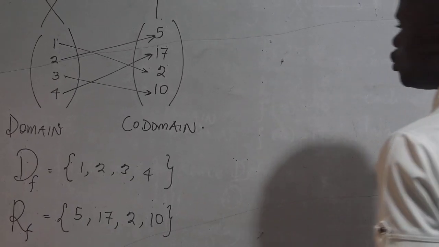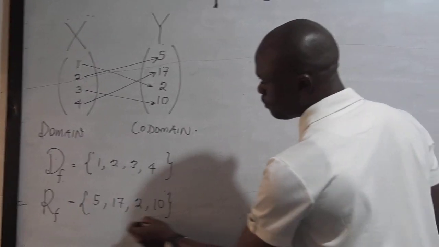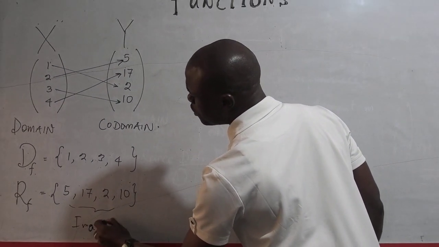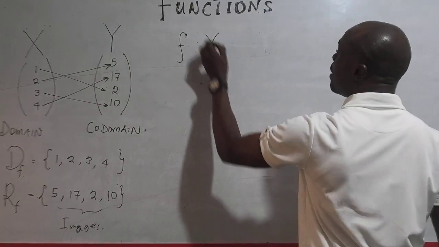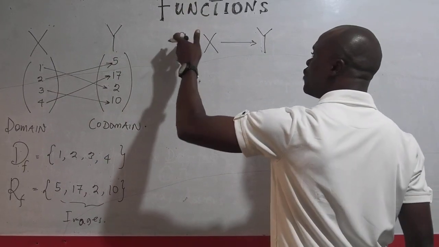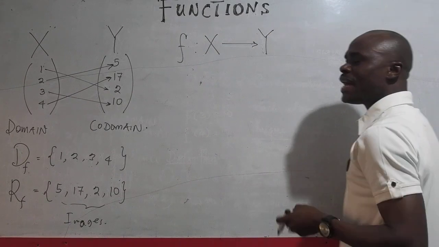Now, the next thing we should understand is the definition. Take note that these elements are called the images. It means that f is a function that maps the set x to the set y. And how do we write that?